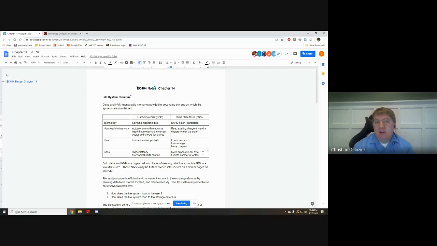So they have what's called a wear down factor, where the transistors that are used here, the flash memory, has a limit to how many times it can be rewritten before the circuits start to wear down and lose the ability to check for charge in that SSD. So we have to be a little bit careful with how we use SSDs in terms of the number of writes that we perform, especially.